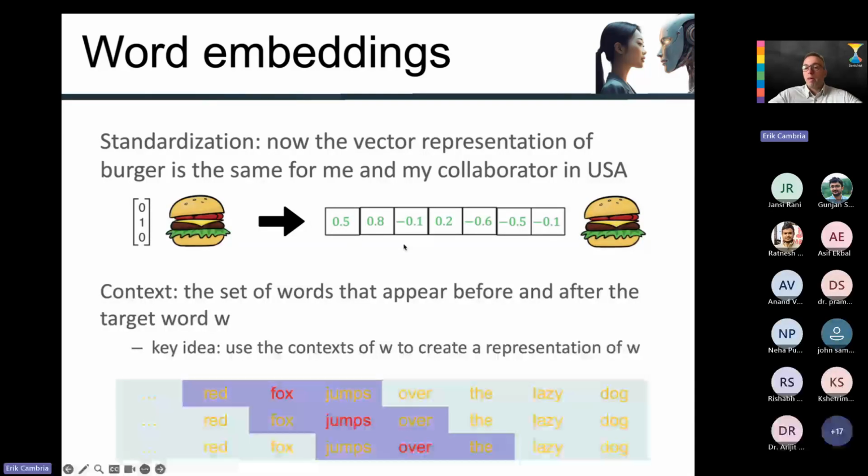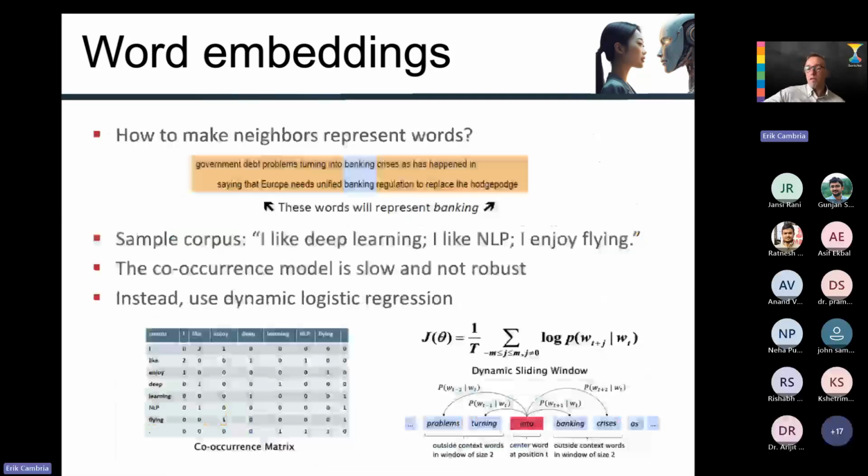If I use word embeddings, first of all, I have more contextual and informative information. And second of all, when I decide to use a specific set of embeddings, the same word embeddings that I have for burger will also be used by someone else at the other side of the world who is using the same set of embeddings. So it's also good for standardization in a sense.